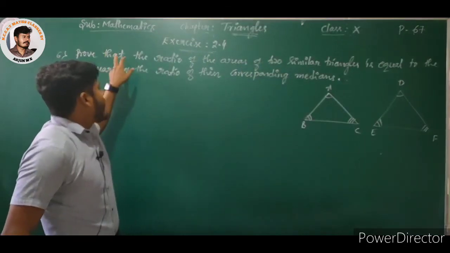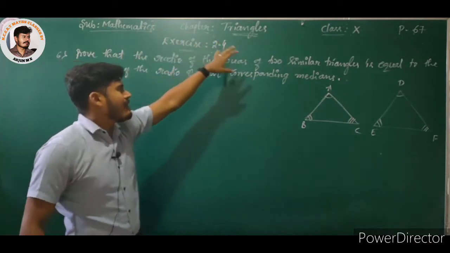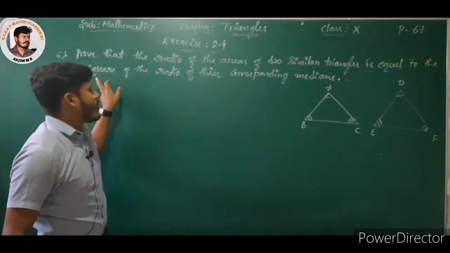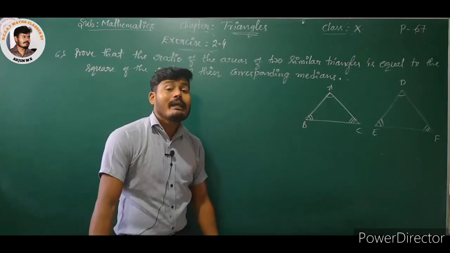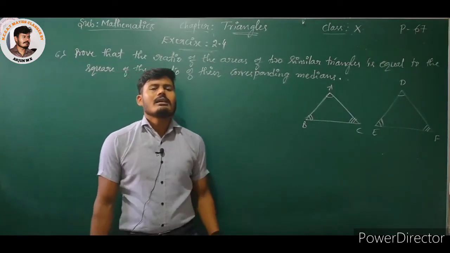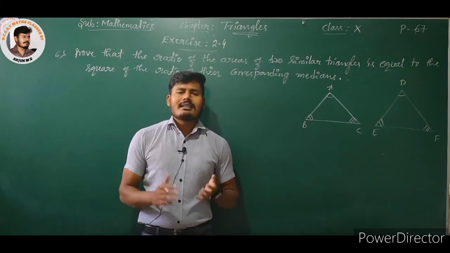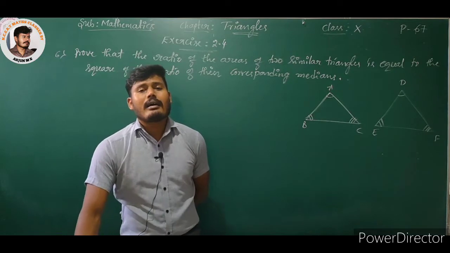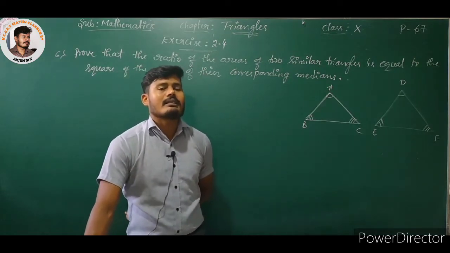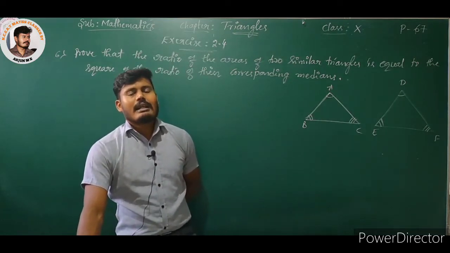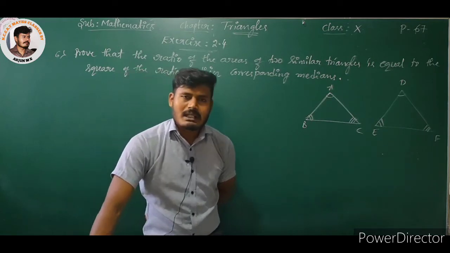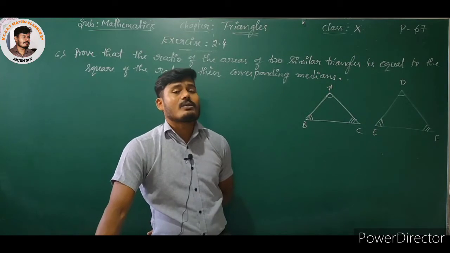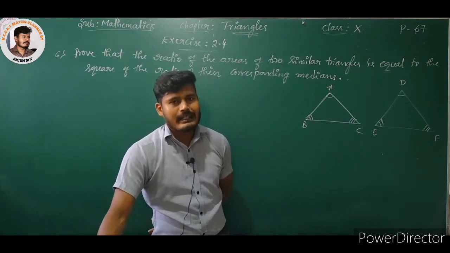So then we have to prove the ratio of the areas of similar triangles is equal to the square of the ratio of their corresponding medians. By applying the areas of similar triangles theorem, we know that the ratio of the areas of two similar triangles is equal to the square of the ratio of their corresponding sides.